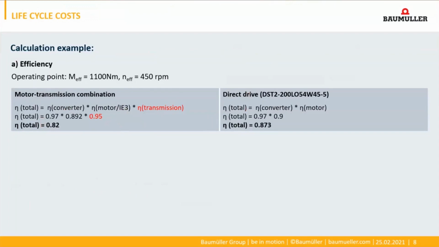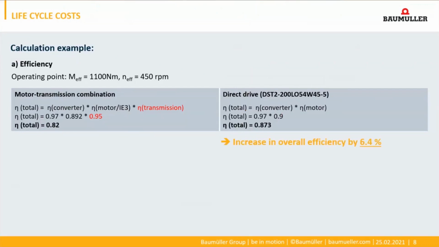Here, we do not need to multiply a factor for the gearbox because we do not have any gearbox. This and also the better efficiency of the motor itself results in a higher efficiency factor. Overall, we can increase the efficiency by 6.4%.